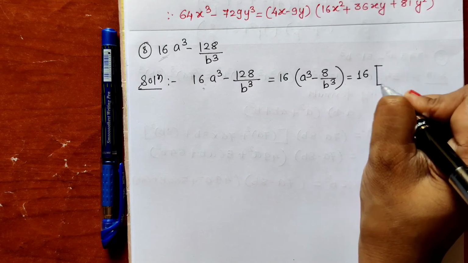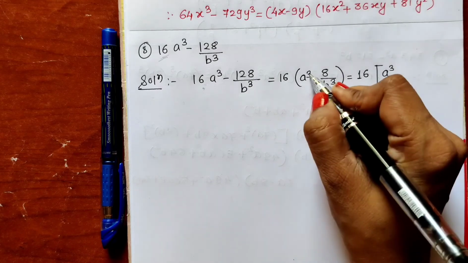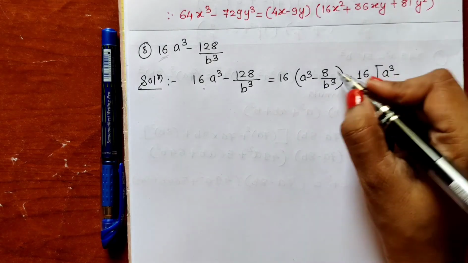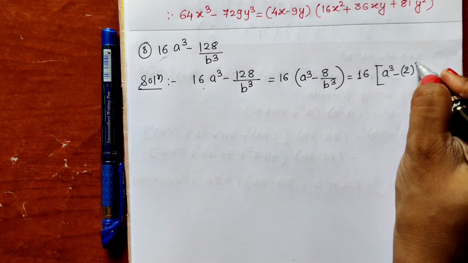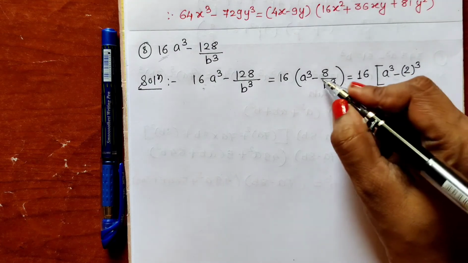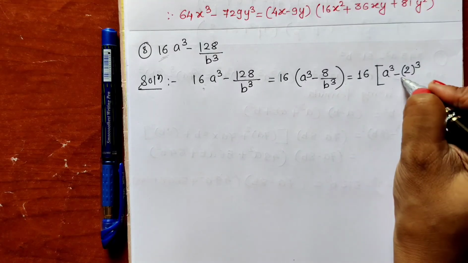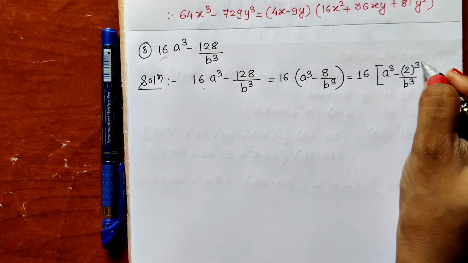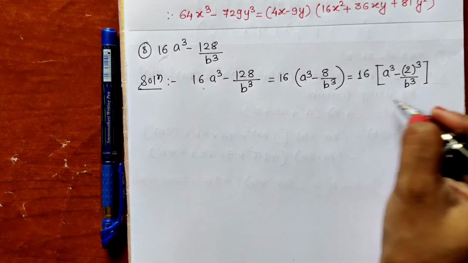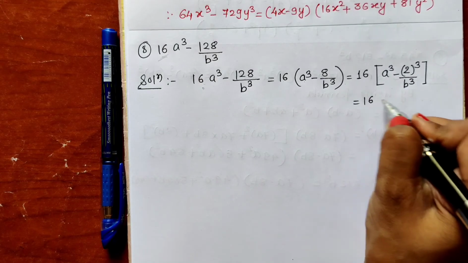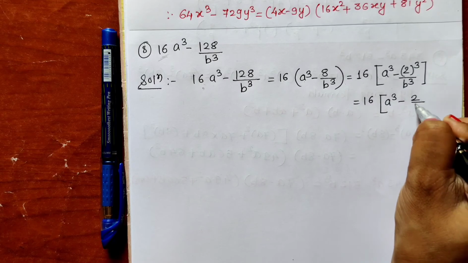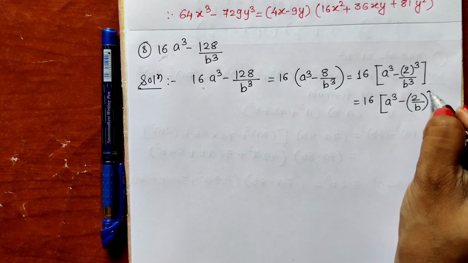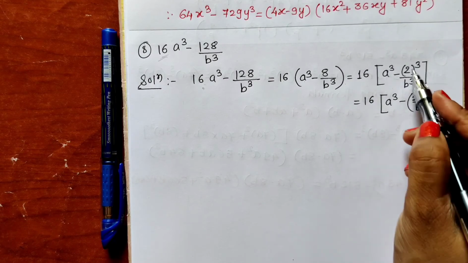Now a cube is in the format of a cube, but 8 is not in the format of a cube, so I should write it as 2 cube. 8 is the cube of 2, so it can be written as 2 cube upon b cube. So again I will write here: equal to 16 times a cube minus 2 upon b whole cube.